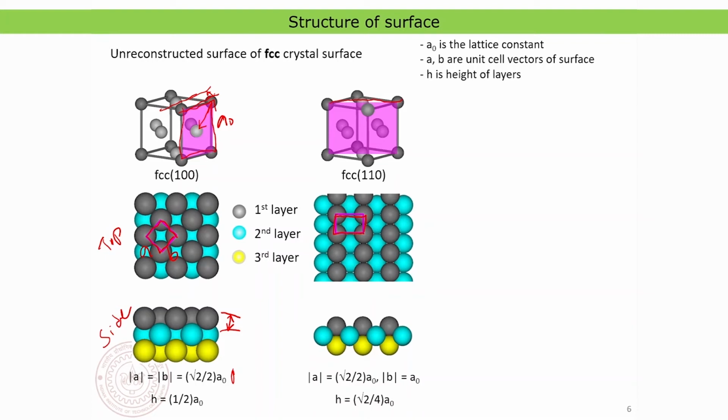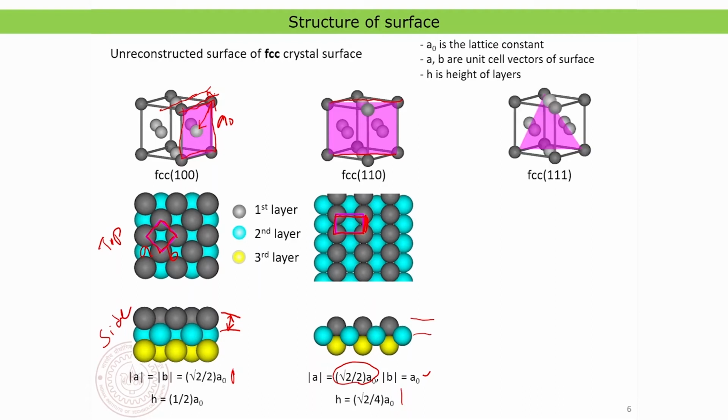The FCC 110 unit cell is a rectangular lattice, and again you can calculate A and B, the lattice parameters, where one of the lattice parameters is exactly the same as the bulk lattice parameter, which is A0, and the other one is the diagonal of the bulk crystal lattice, which is √2 by 2 A0. And again, you can also calculate the height of the unit cell using the bulk lattice parameters, which is √2 by 4 A0.